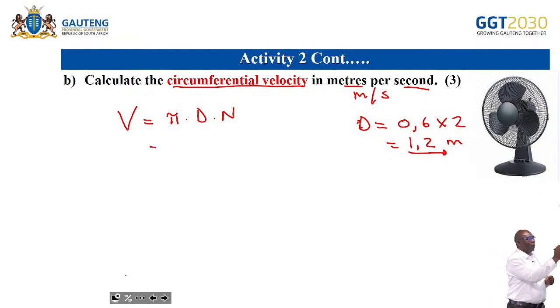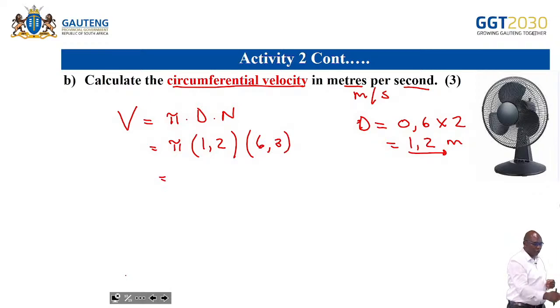Now the number of revolutions I do have. So I'm going to say pi multiplied by the diameter, which we said is 1.2 meters, multiplied by the number of revolutions, which is 6.3. Then I take out my calculator and calculate pi multiplied by 1.2 multiplied by 6.3, and I want my answer in decimals, which is 23.75.